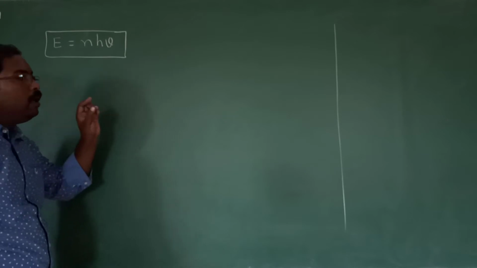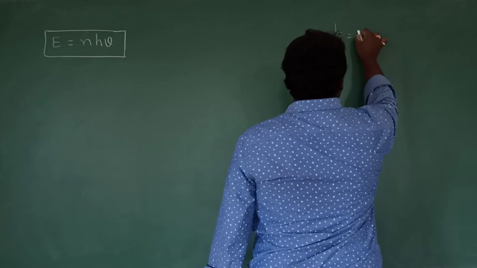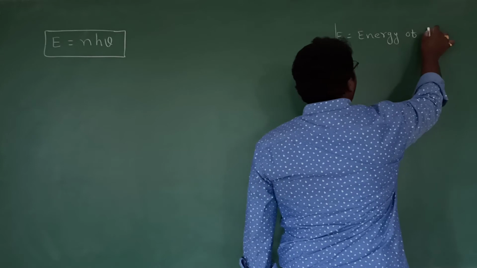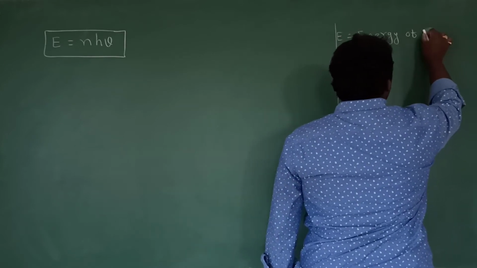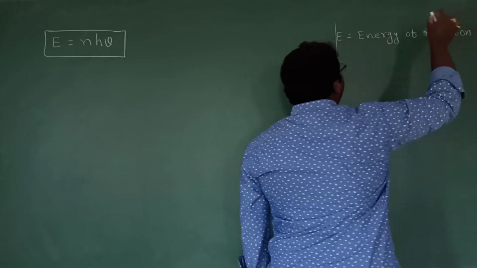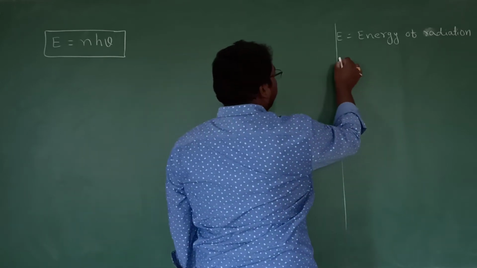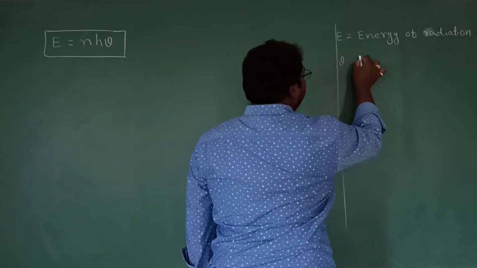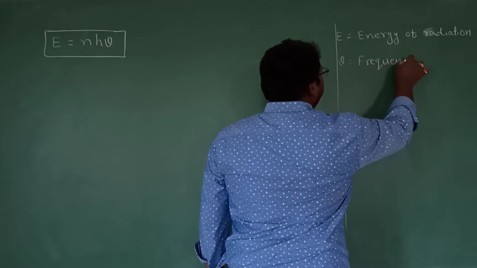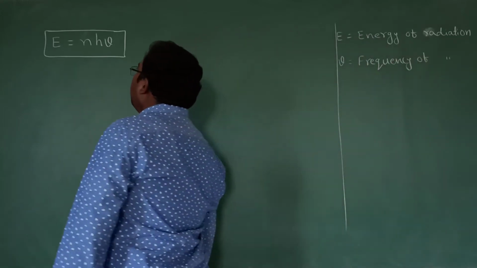Capital E is the energy of radiation. Mu, we all know, is the frequency of the radiation.